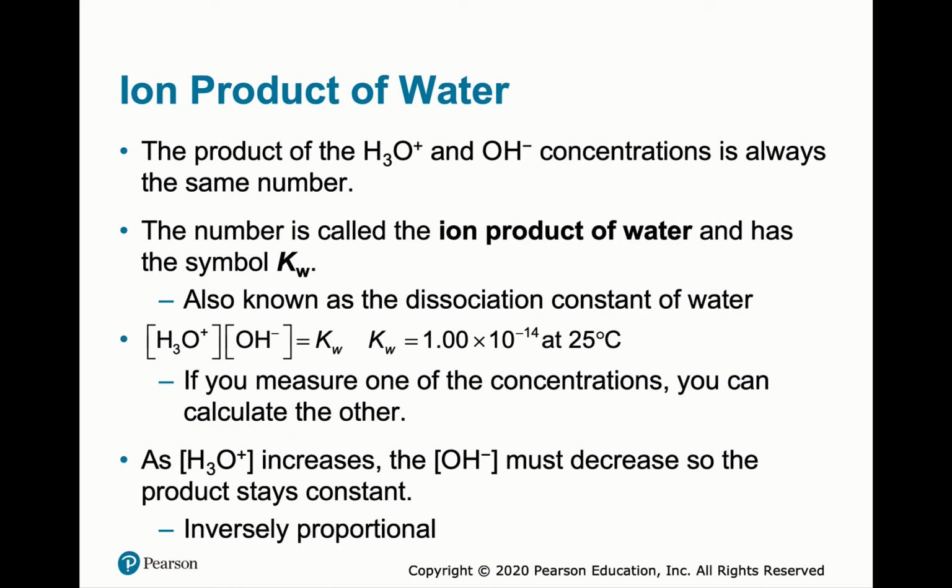And the Kw for water is 1 times 10 to the minus 14. So that means that whenever there is hydroxide or hydronium ion present, the combination of these together, multiplied together, has to equal 1 times 10 to the minus 14 at 25 degrees Celsius. If you change the temperature, Kw changes. But this shows the inverse relationship between hydronium and hydroxide.